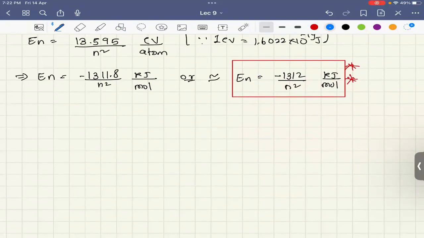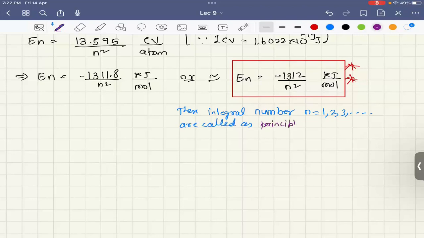So these integral numbers n equal to 1, 2, 3, and so on and so forth, are called principal quantum number, right?